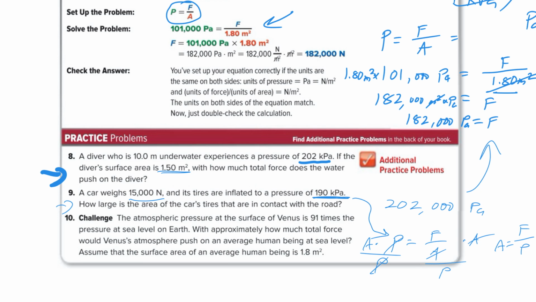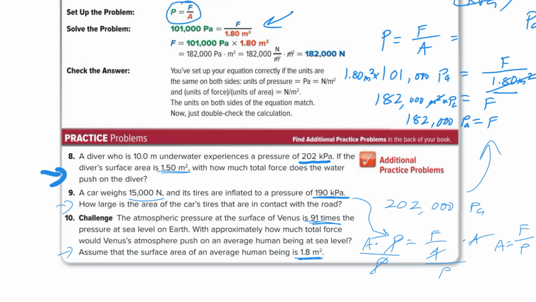And then the last one down here, number 10, is looking at the atmospheric pressure on the surface of Venus. It's 91 times the pressure at sea level on Earth. With approximately how much total force would Venus's atmosphere push on an average human at sea level? We're going to assume again that our surface area is 1.8 square meters.